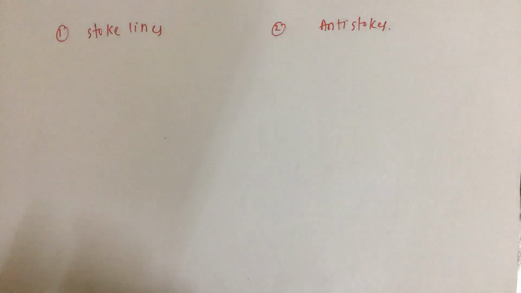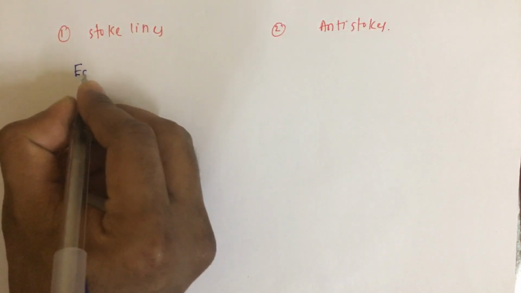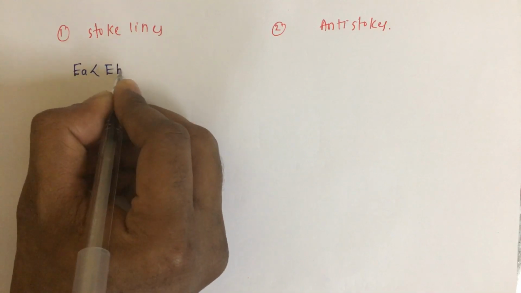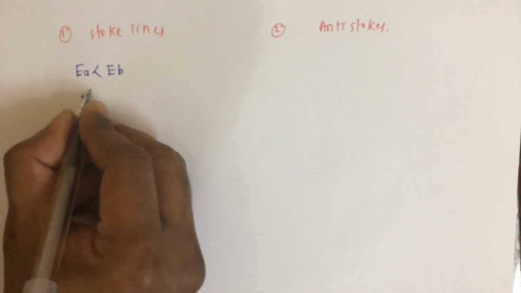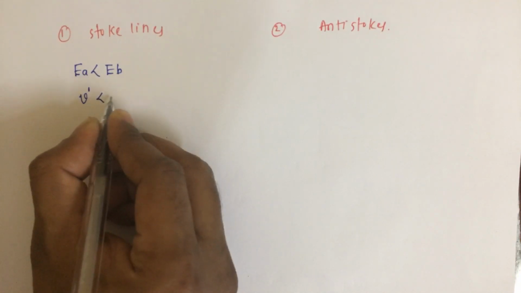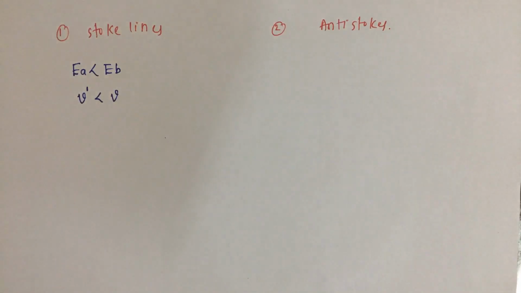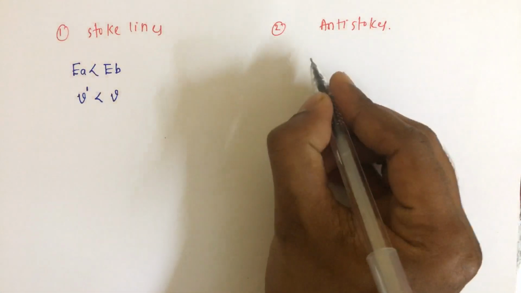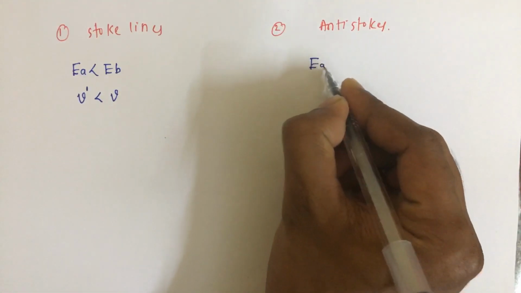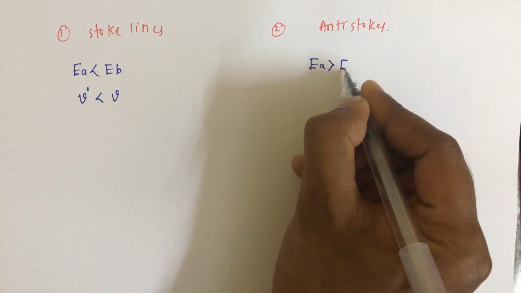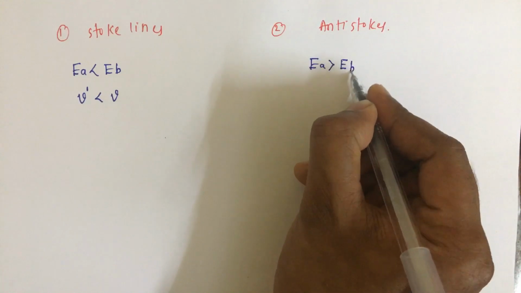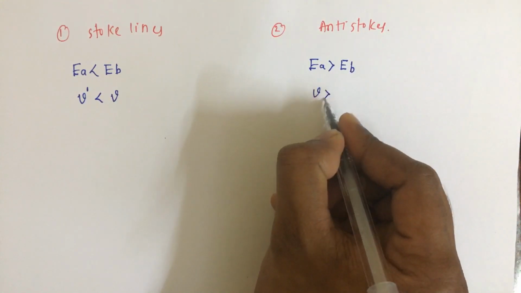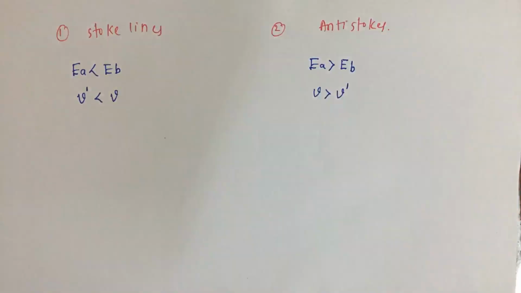If initial energy is less than final energy and scattered radiation is less than incident radiation, this is the feature of Stokes lines. And here it's opposite. Initial energy is greater than the final energy, and incident radiation is greater than the scattered radiation.